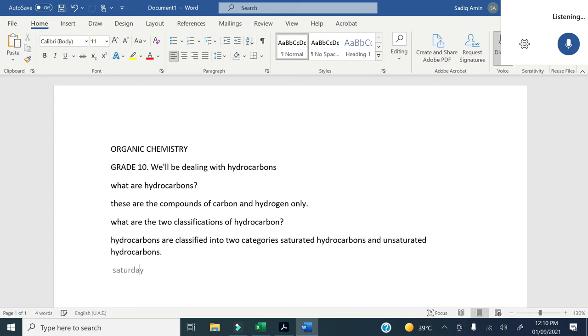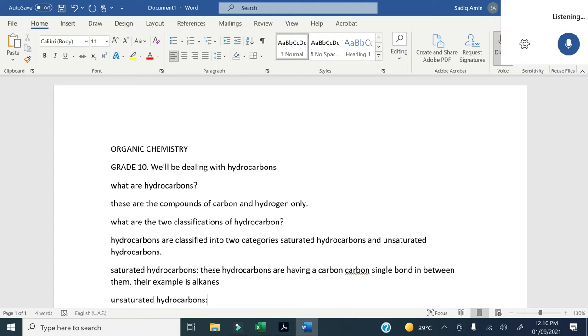Saturated hydrocarbons. These hydrocarbons have a carbon-carbon single bond in between them. Their example is alkanes. Unsaturated hydrocarbons.